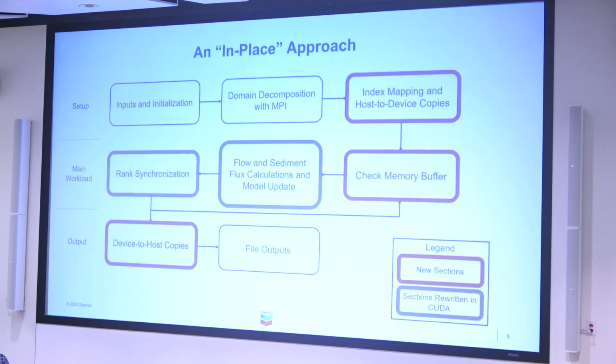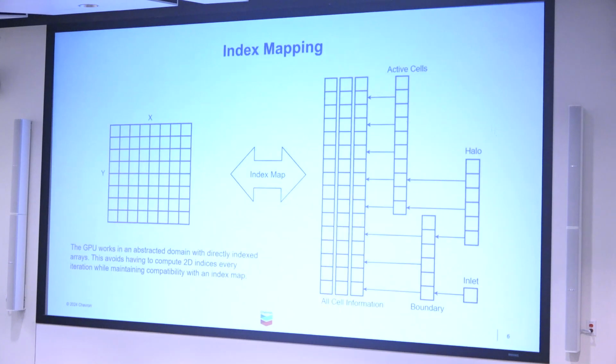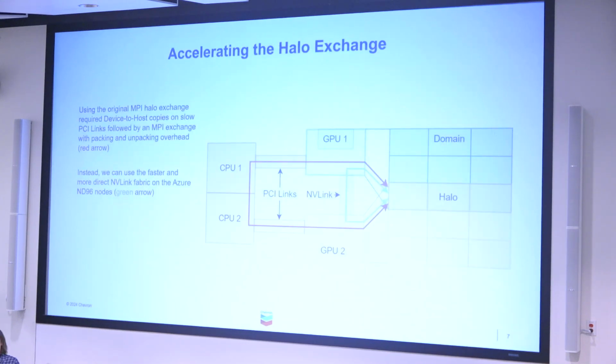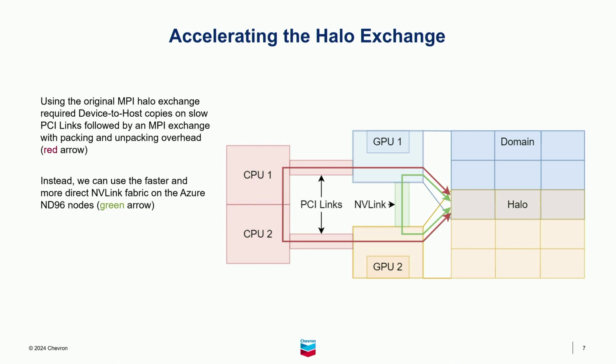So now we have a GPU native code that runs from start to finish on the GPU: copy in data, copy out data. But we had another bottleneck, and that was the halo exchange. We originally used just the MPI exchange that was built into the original CPU code.